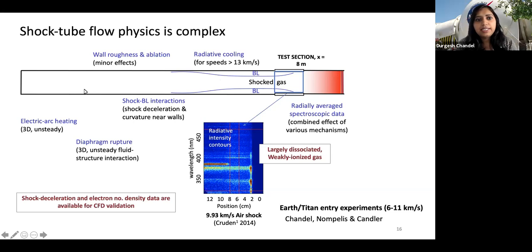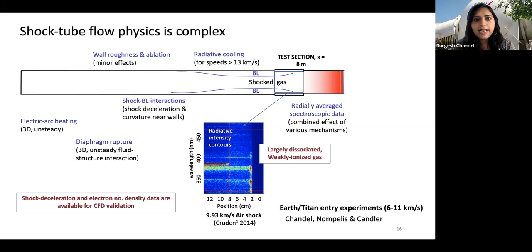Another physical phenomenon which can happen is backward-moving waves. The shock moves from left to right, from right to left, and it can come back accelerated and can interact with the shock. So these are some of the physical phenomena which we do not know. It depends on the shock speed and how the experiment was performed.